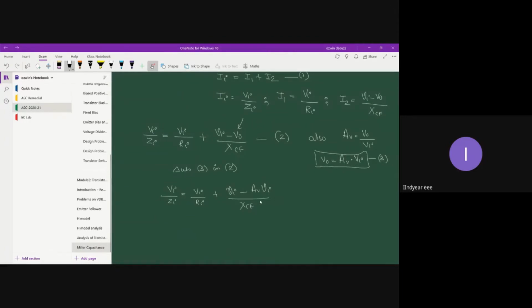That is equal to Vi divided by Ri plus, taking Vi outside the bracket, 1 minus AV divided by XCF. That's the simplified expression.